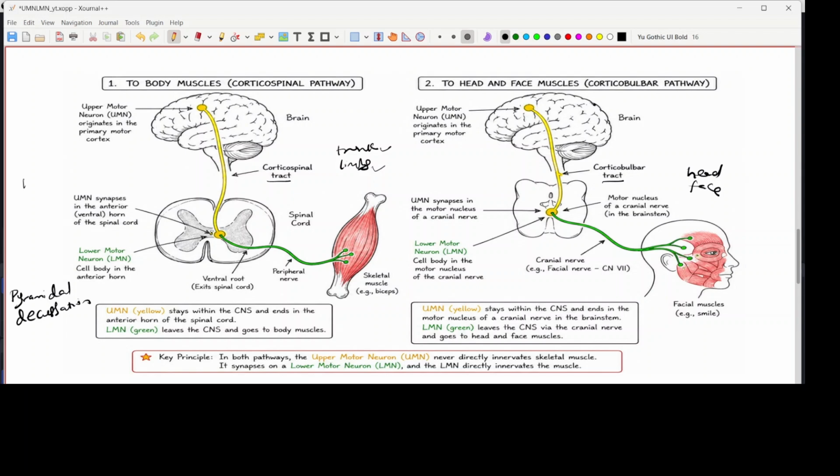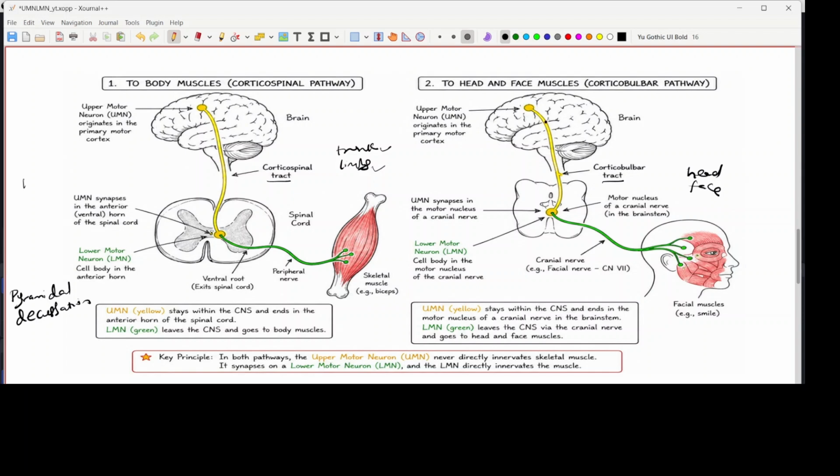Now, when we talk about the corticobulbar pathway or the corticobulbar tract, the name again tells us where it goes. Cortico refers to the cerebral cortex, while bulbar is essentially a historical term referring to the brainstem, particularly the region containing the motor nuclei of the cranial nerves.